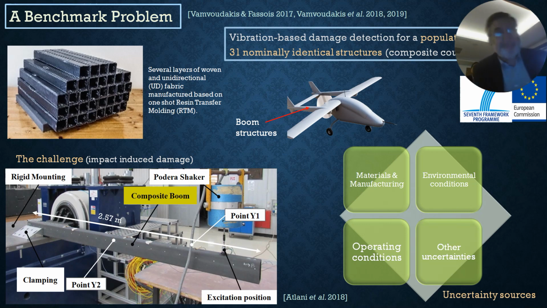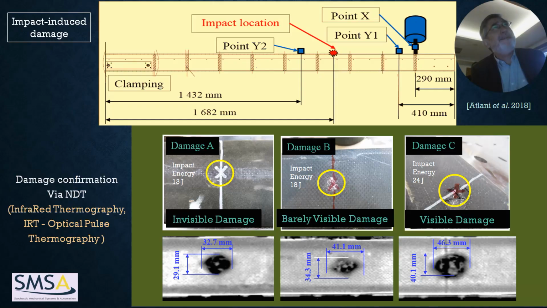And the interesting thing with these structures is that the variability coming from manufacturing is very important, as we will see. But before I go into that variability, let me tell you a few things about the damages. So here we see that by infrared thermography, we see a damage here, which is caused by impact. Okay, on an aircraft, you often have impact.